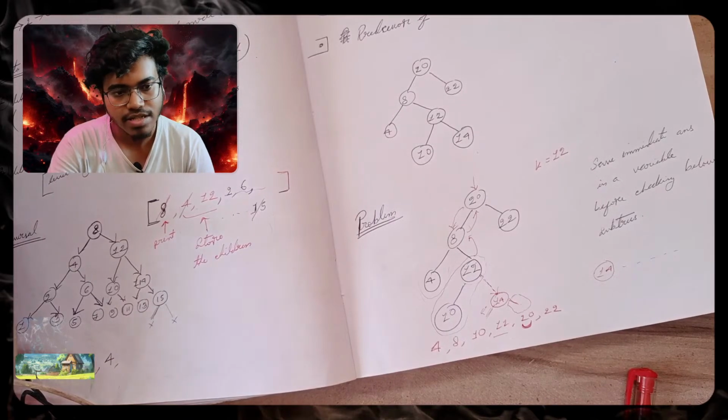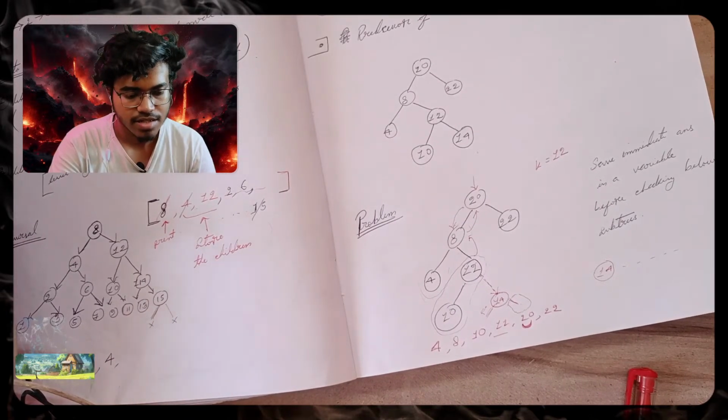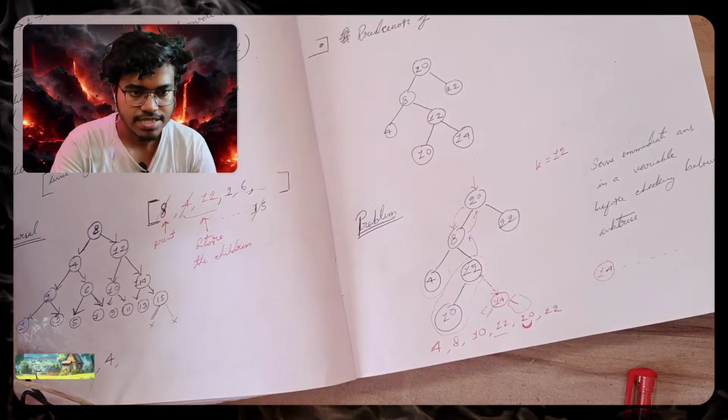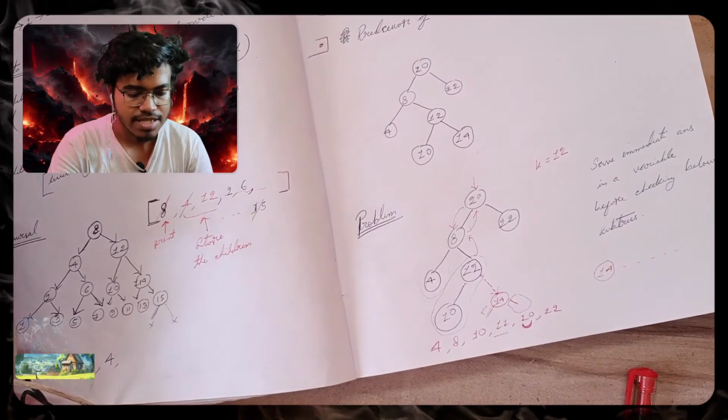While node is equal to root initially, and the successor will be equal to none initially.